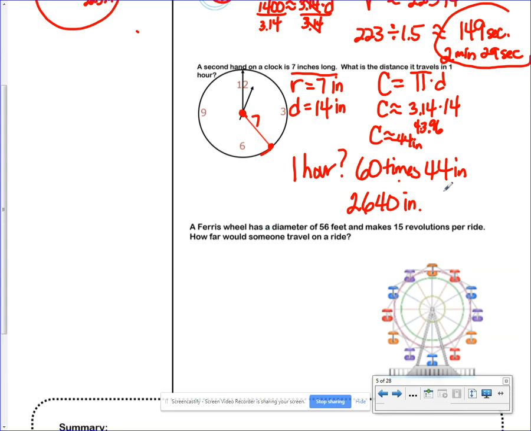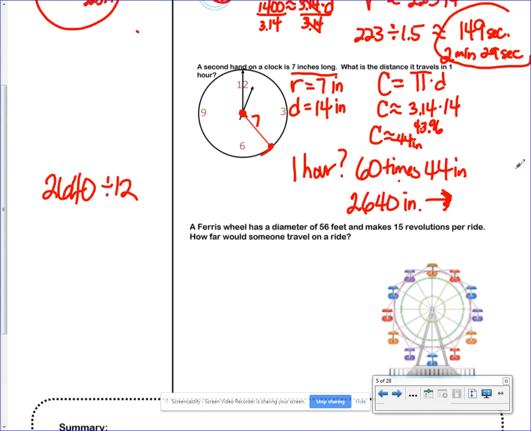So let's convert this into feet. There are 12 inches in a foot, so take 2,640 divided by 12.